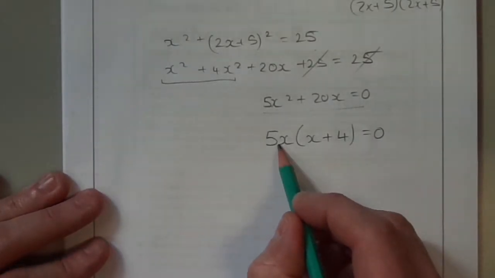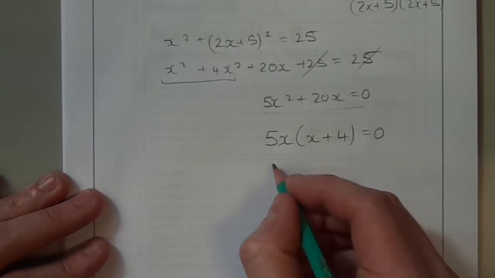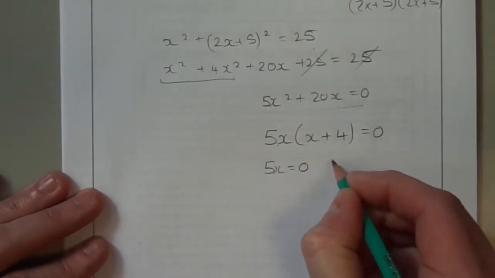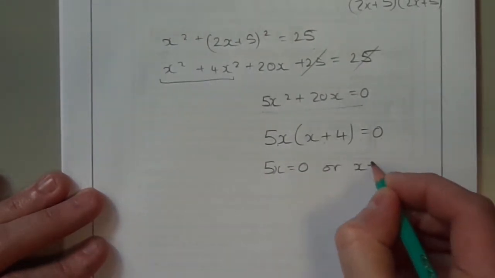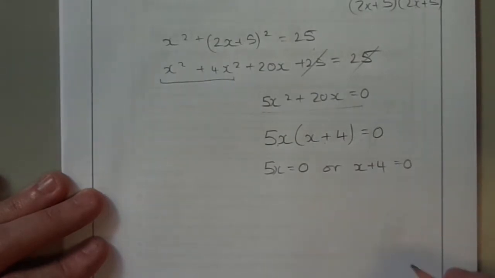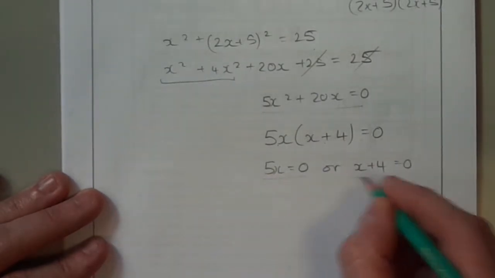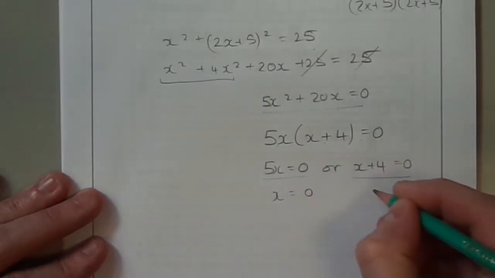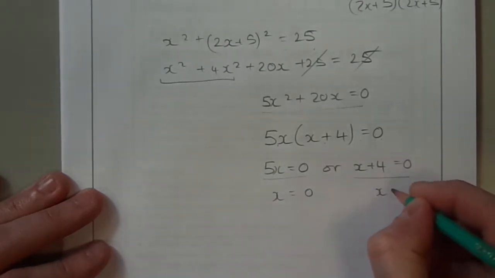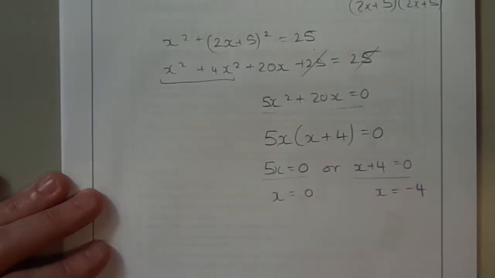So we've got this times this equals 0, so either that one has to be 0 or that one has to be 0. And now you've got two linear equations which you can solve to get your values of x. x equals 0 or x equals minus 4.